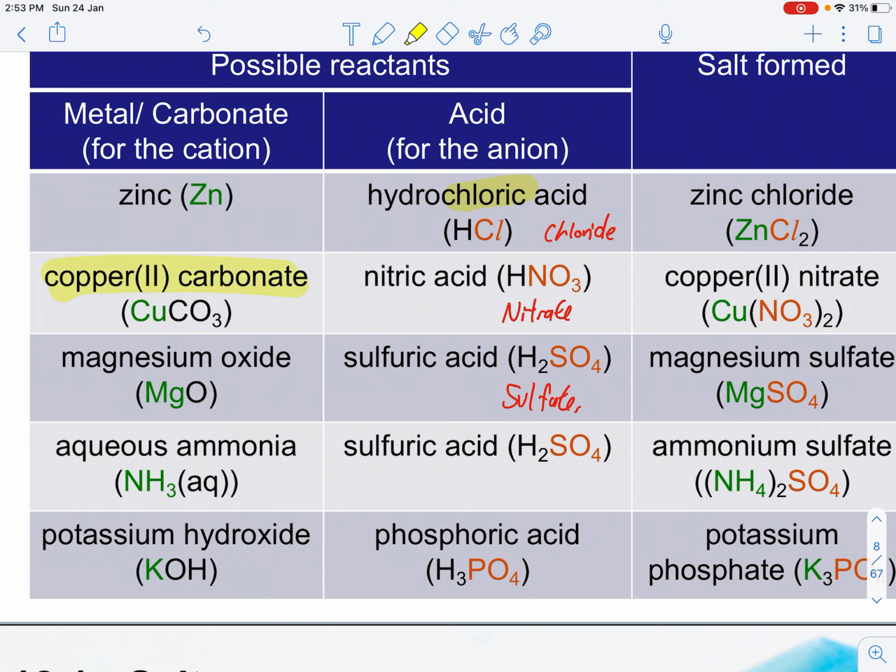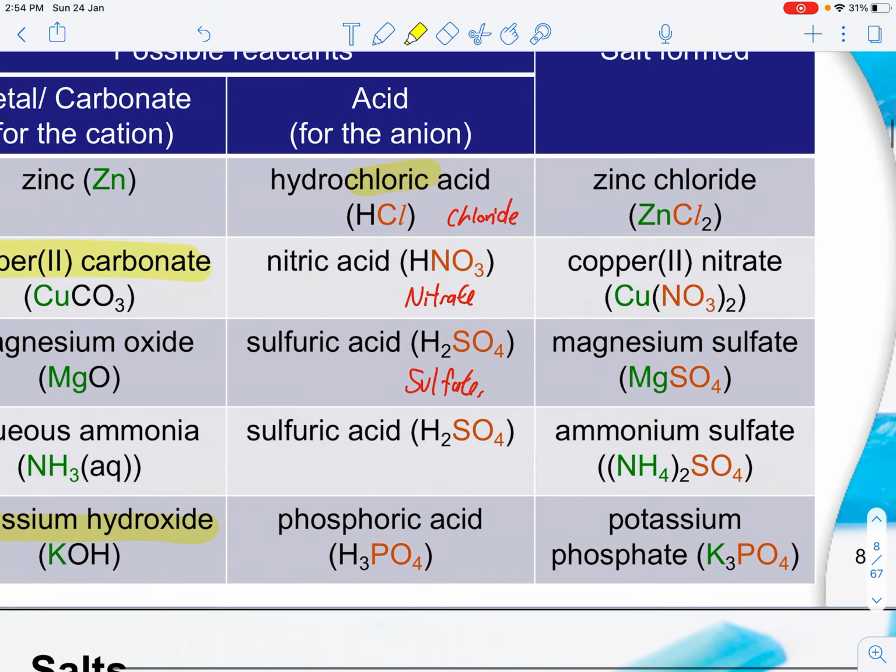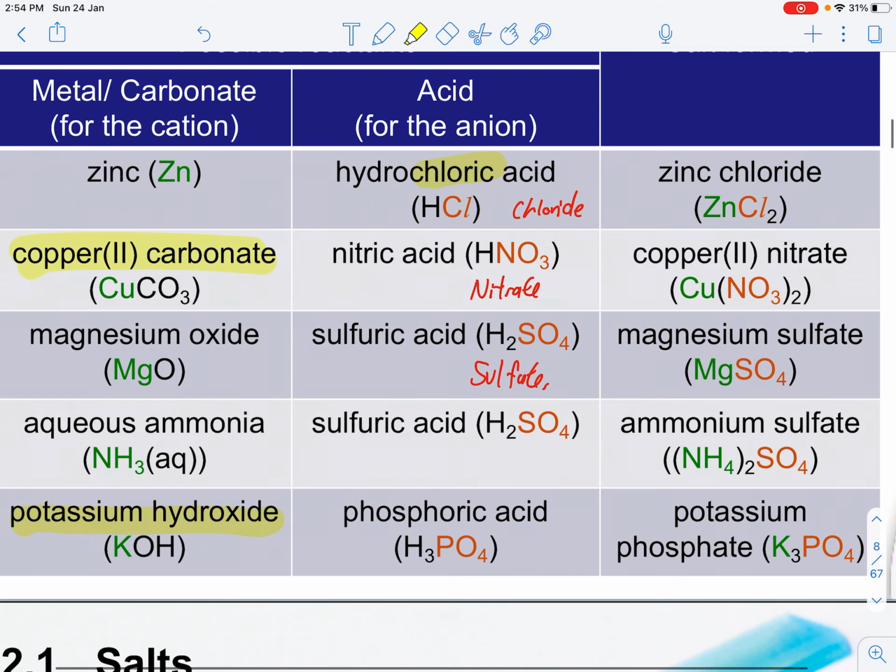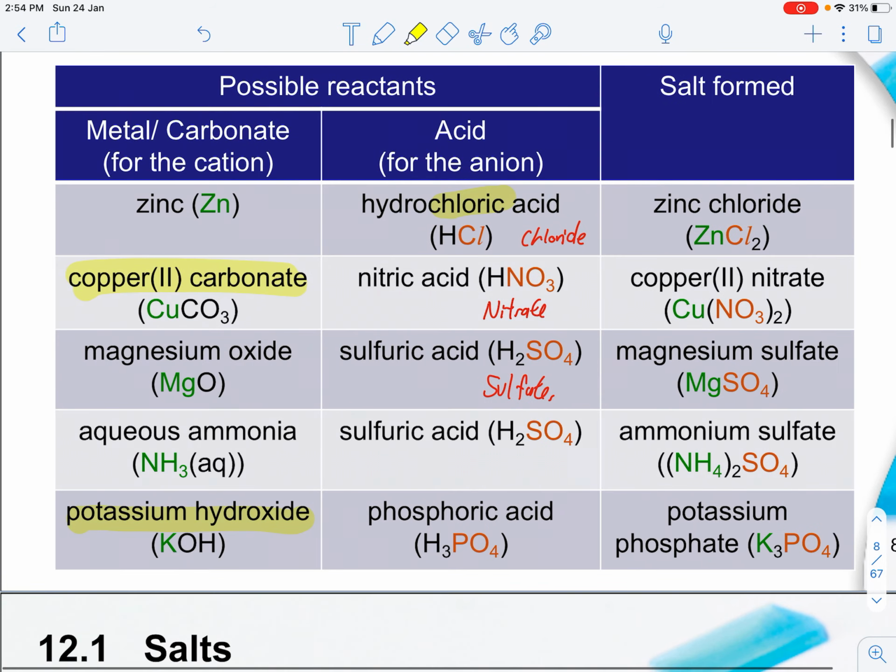Now of course there are some metals that are very reactive. For example, potassium, when you react with acid, you will actually get a very mini explosive kind of reaction. So it's also very dangerous to prepare in the lab. That's why what you want to do is use a base, maybe like potassium hydroxide, to react with the acid to still form the salt that you are interested in.